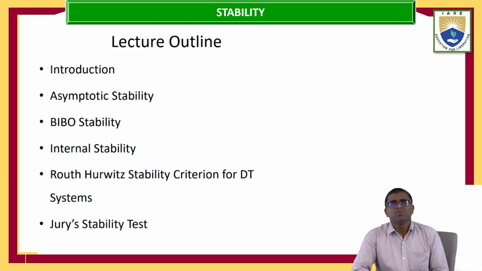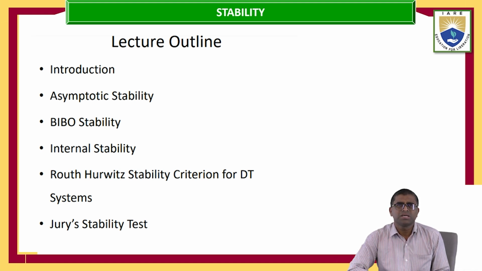So in this topic we will see the introduction to stability, asymptotic stability, BIBO stability, internal stability, the Routh-Hurwitz stability criteria for discrete time systems, and the Jury stability test.